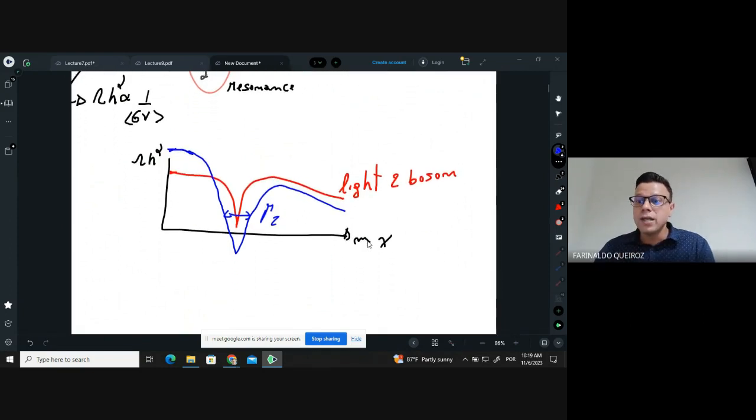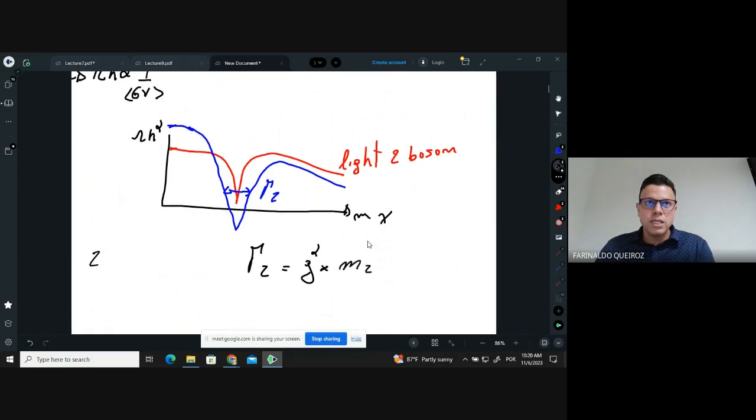And the width is proportional to the coupling squared times the mass of that boson. And why is that? Well, obviously, you have a Z boson that decays into fermion pairs. And this coupling is proportional to g.